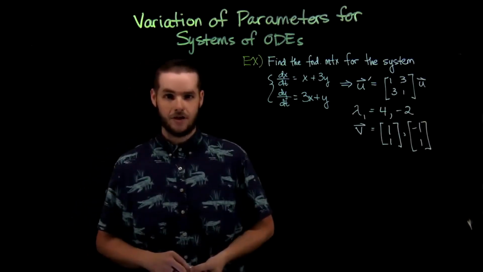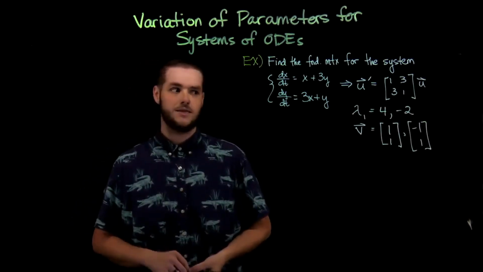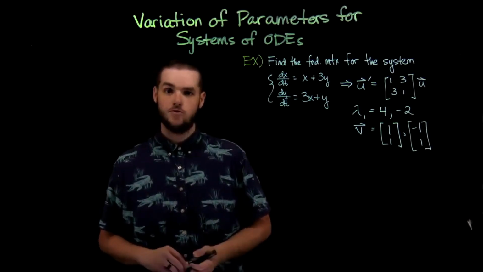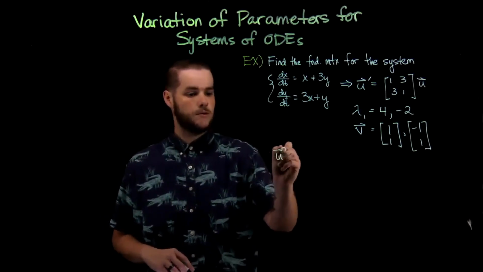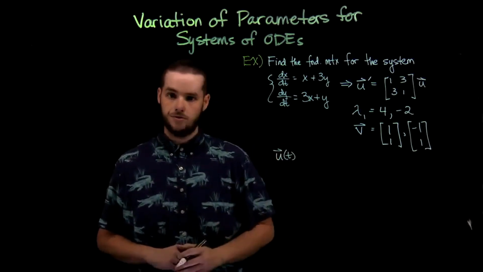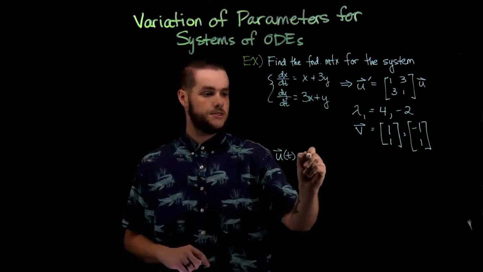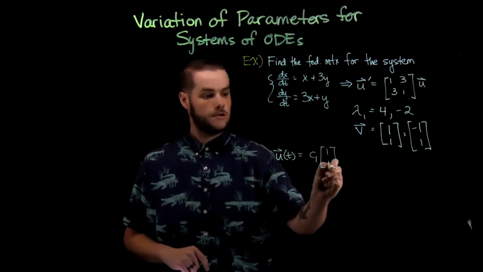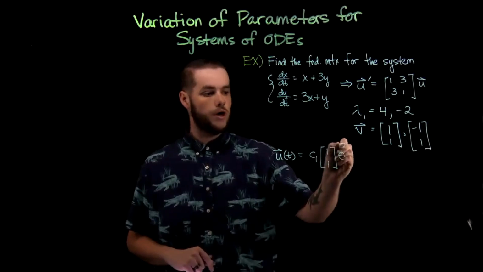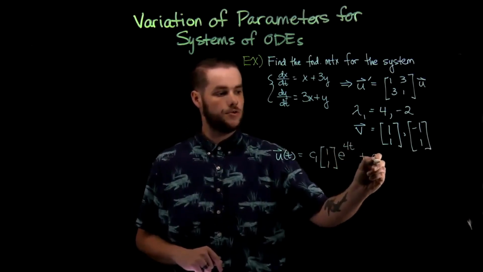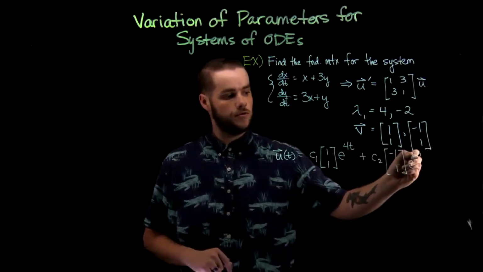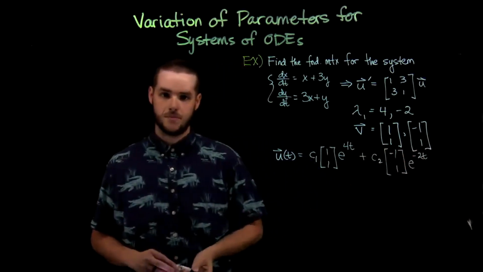Turns out the eigenvalues of this matrix are 4 and -2, with corresponding eigenvectors (1, 1) and (-1, 1), respectively. This will let me write the general solution as C1 V1 e^(λ1 t) plus C2 V2 e^(λ2 t).